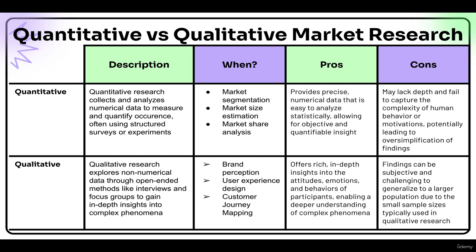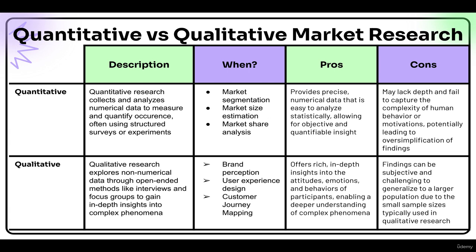For market segmentation analysis, the quantitative method is going to help you to categorize customers into segments using numerical data, which will make it easier for you to identify and target specific demographics. Meanwhile, for market size estimation, the quantitative method is going to be very helpful because it will help you to estimate market size and demand through data-driven calculations and surveys, guys.